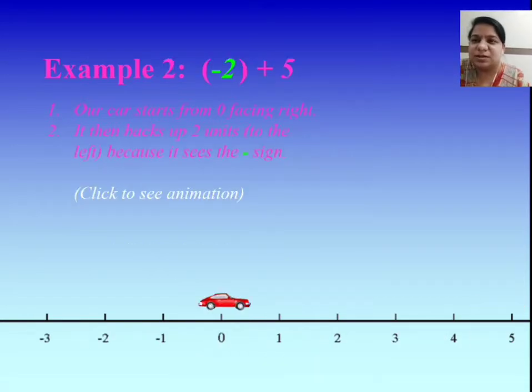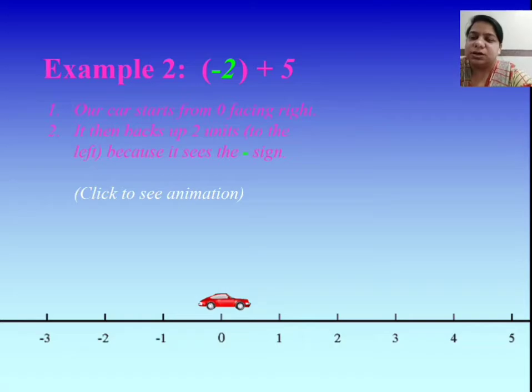Now let's check the next example. Here we have to add a negative integer with a positive integer. It is minus 2 plus 5. Again the starting rule will be the same. The car starts from 0 facing towards the right side.